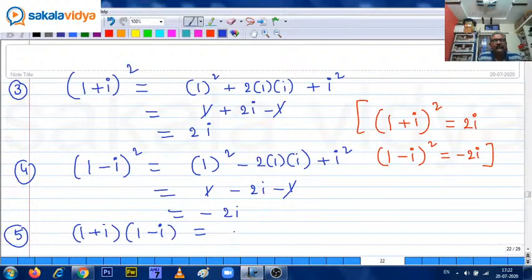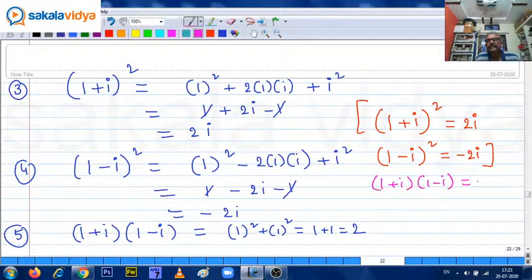Mod Z square means 1 square plus 1 square, imaginary part also 1 square. 1 plus 1, 2. So 1 plus I into 1 minus I is 2. You remember this one also: 1 plus I into 1 minus I is 1 minus I square, that is 2. So these points remember in your mind.